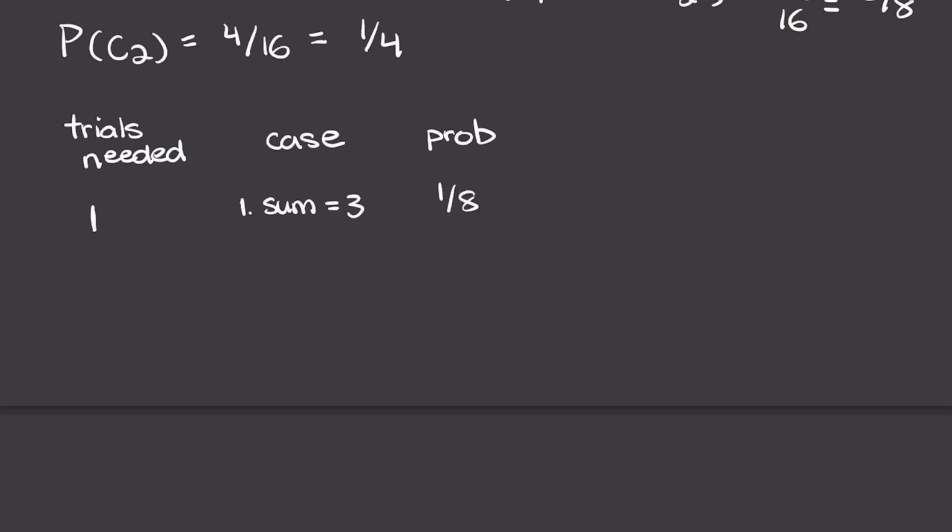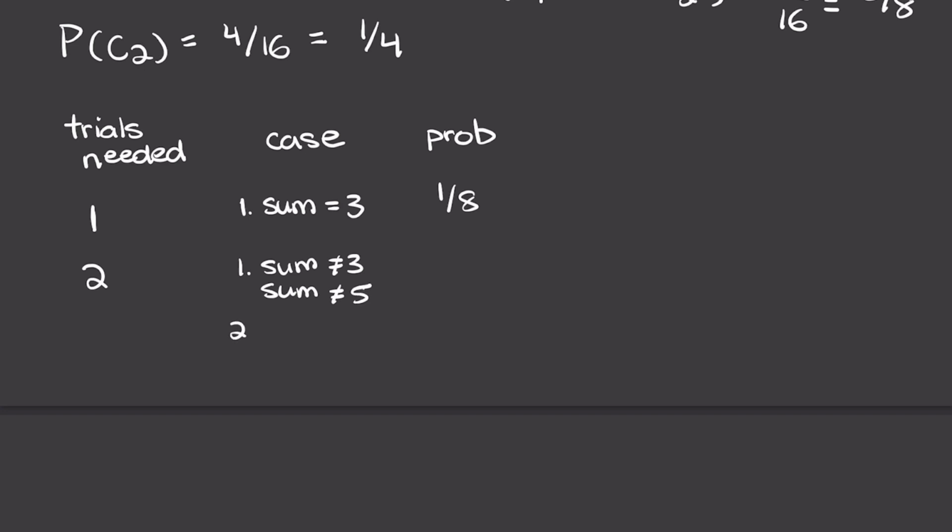Now if 2 trials are needed, so 2 times we're looking into the bag, again we want sum equals 3 happening before sum equals 5. So on the first trial, the sum cannot be 3 and the sum cannot be 5.